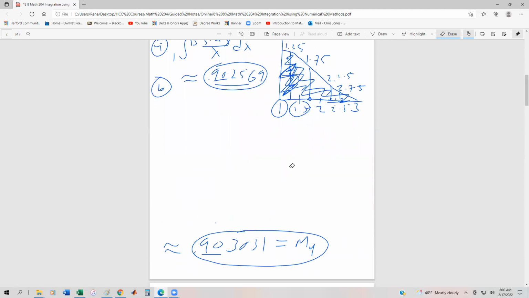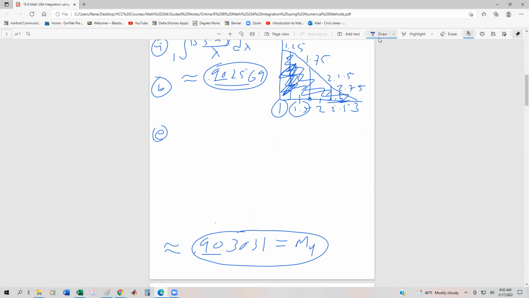So for our part E here, for the percent error, remember, to find the percent error, you're just going to take the estimated minus actual divided by the actual, and you're going to multiply it by 100%. Technically it's supposed to be the absolute value of everything there, if you want to keep it positive.